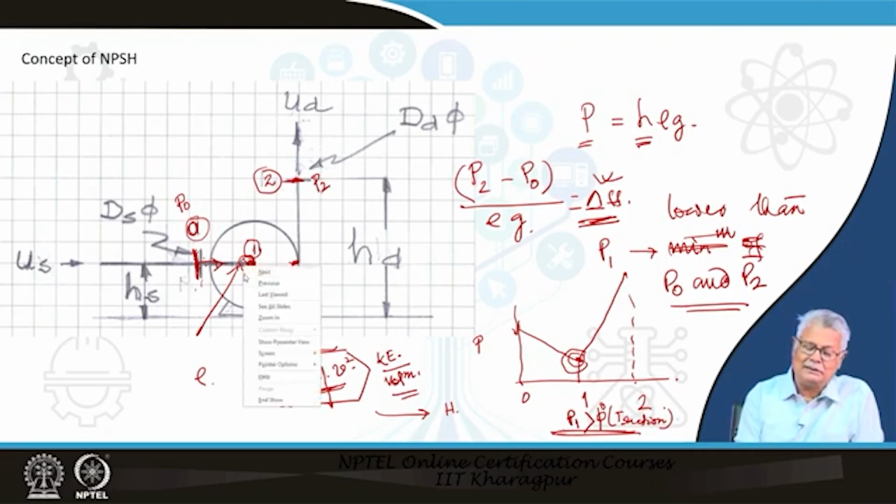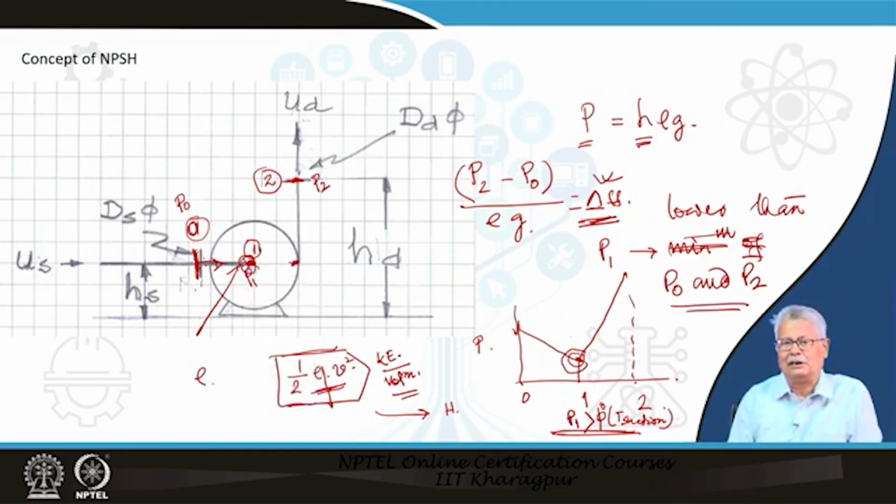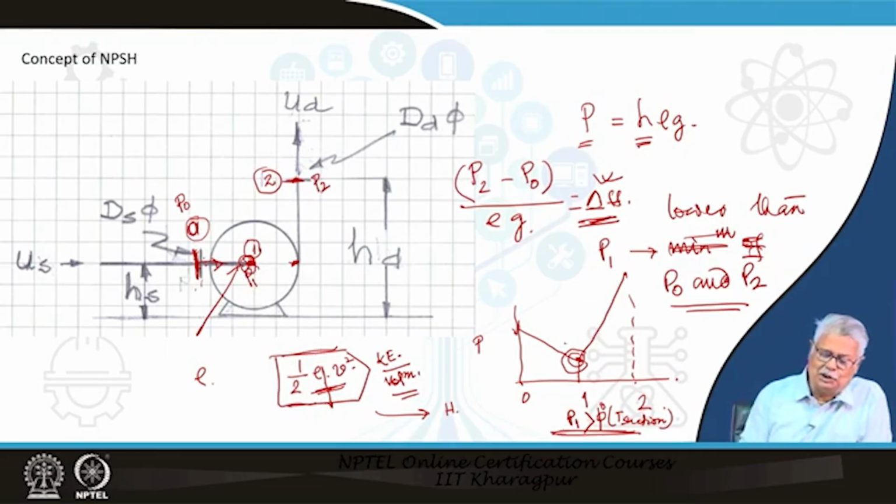It depends on the impeller type, and who can tell you the best way of estimating the difference between P0 and P1? The manufacturer. So, what the manufacturer tells you is, you must have at this point the pressure here should be greater than the vapor pressure, definitely, plus some amount which he calls NPSH.